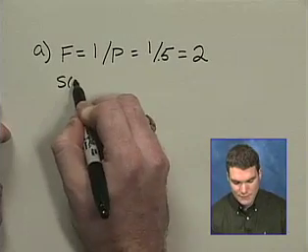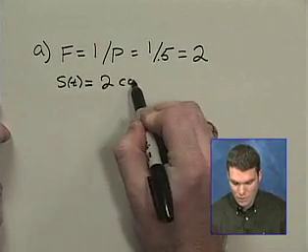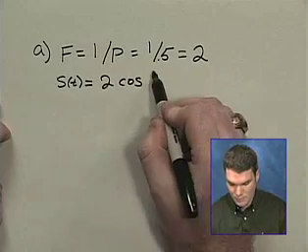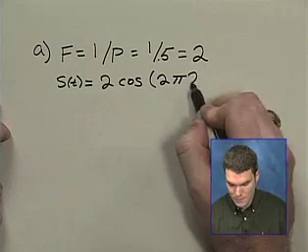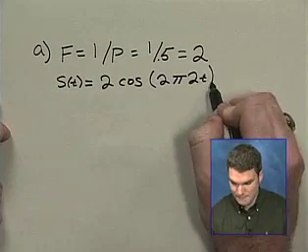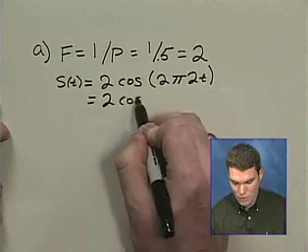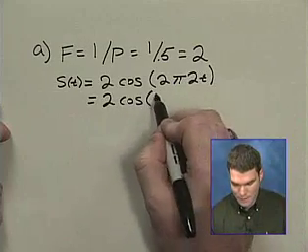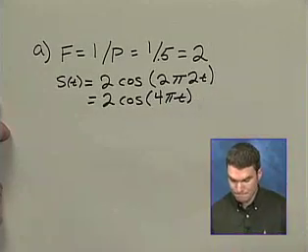So s of t is equal to 2 cosine 2 pi times 2t, or that's equal to 2 cosine of 4 pi t.